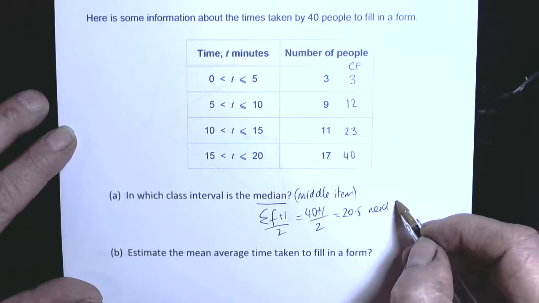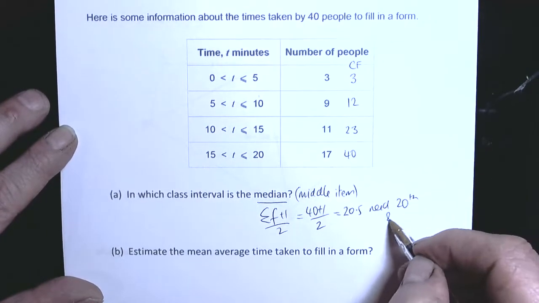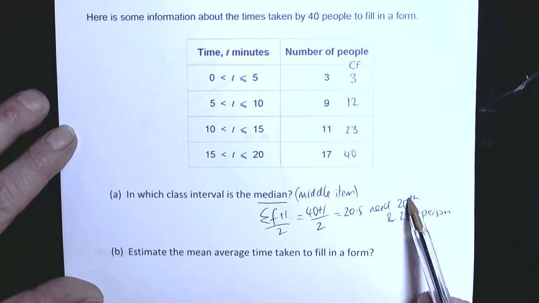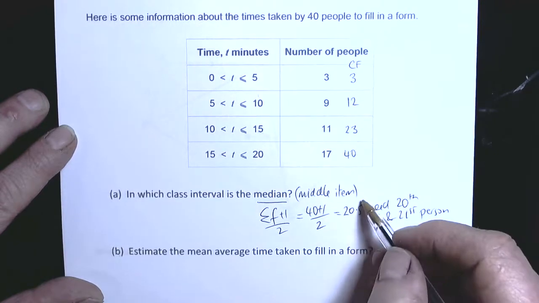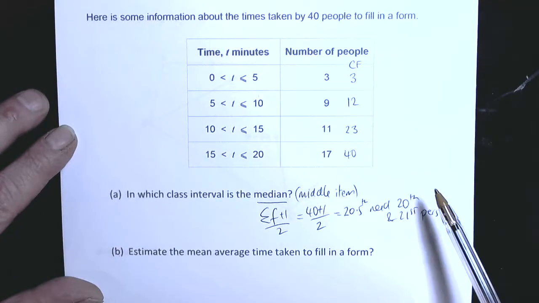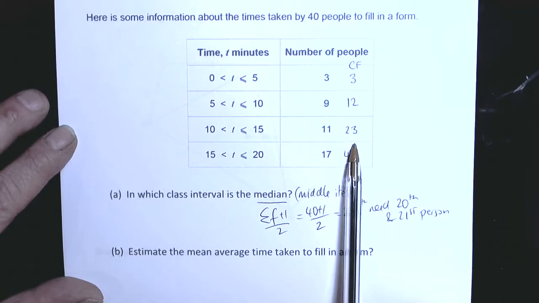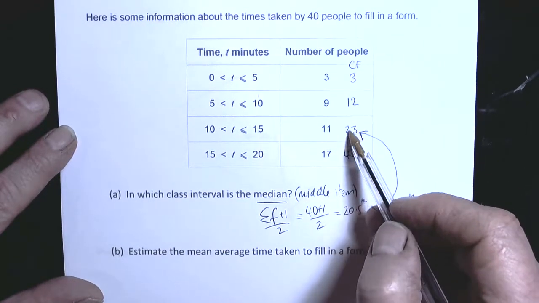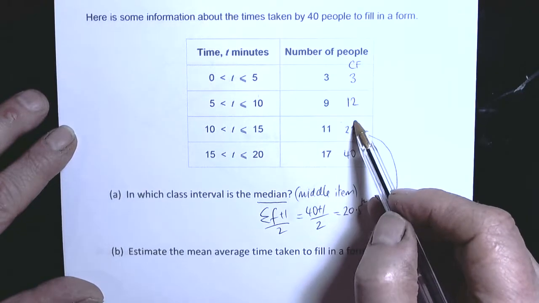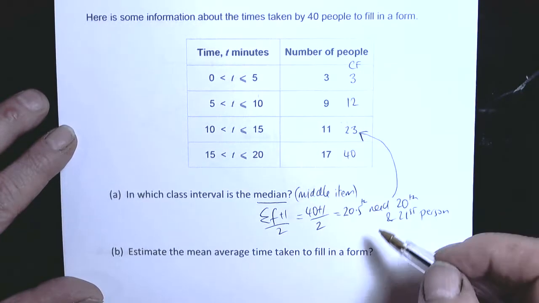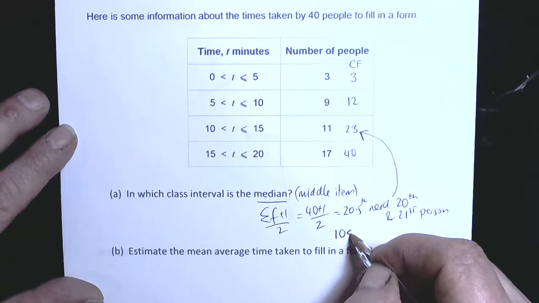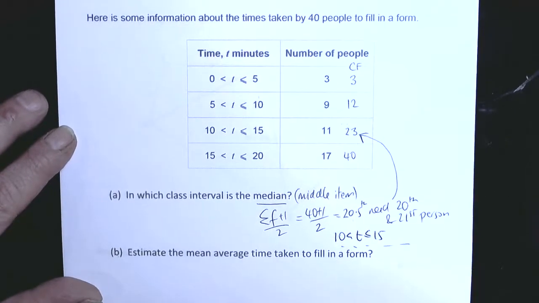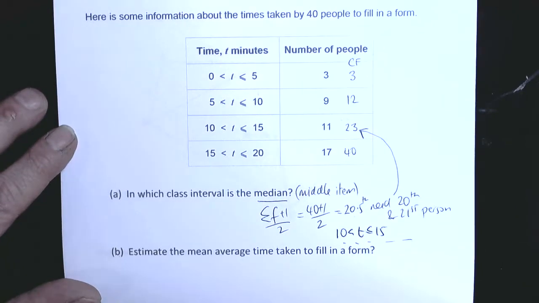So we need the 20th and the 21st person. So we need those two people to find the 20.5 person for the median position, and we can see that the 20th and the 21st are both in here, because in here are the 13th, the 14th, the 15th, all the way up to the 23rd person. So the answer for this question would be 10, 15. There would be an answer line, but I've just taken this question from an exam paper and adapted it.